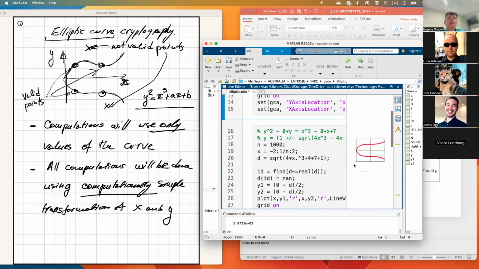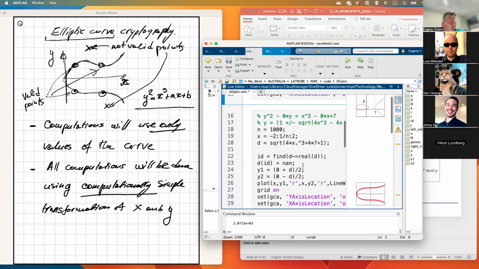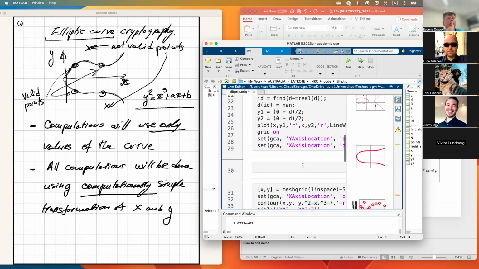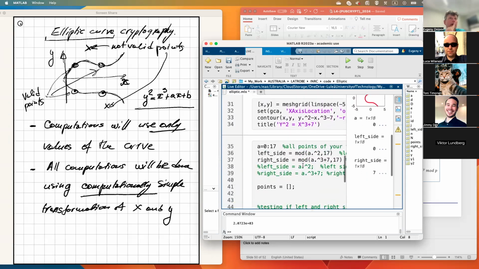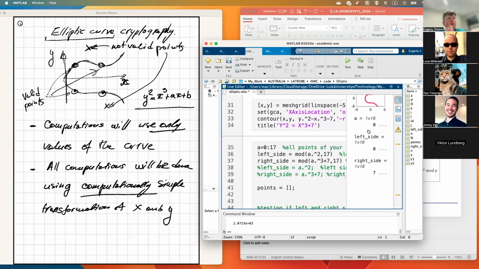Okay. Next step, what you can do, again using math, you can say, well, we want to introduce another limit.